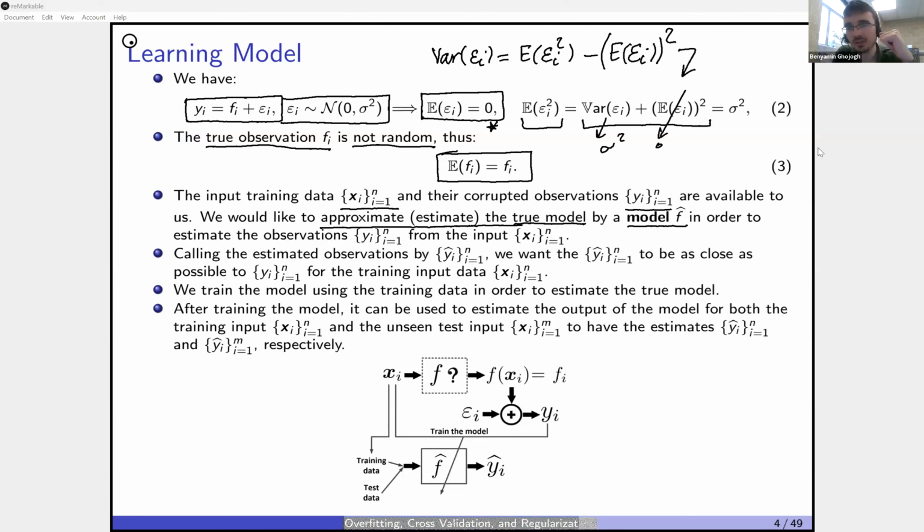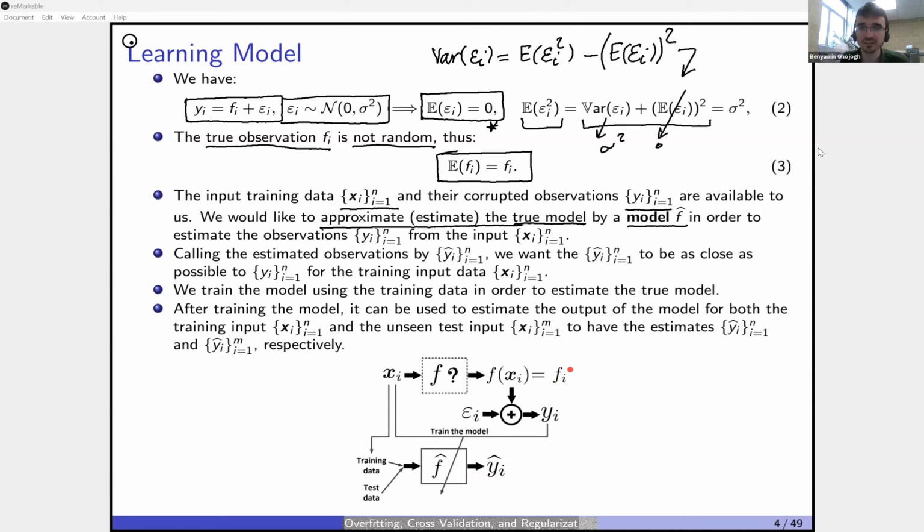Let's estimate that by f hat in order to estimate the observations from the input. So this f hat, if we input xi to this f hat, it gives us yi hat, right?